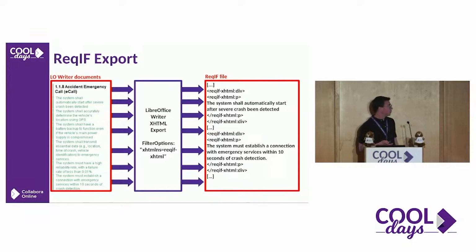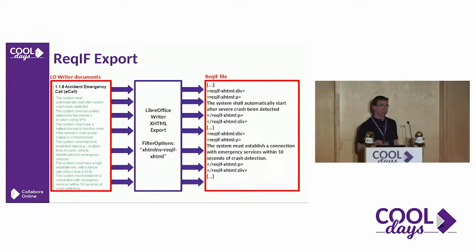And there, on the left side, you see some example requirements as they are stored in our system. They are also in the backend just LibreOffice Writer documents. And instead of converting them ourselves into the XHTML format of ReqIF, Miklos has created a filter option that you can see here, which does that for us.